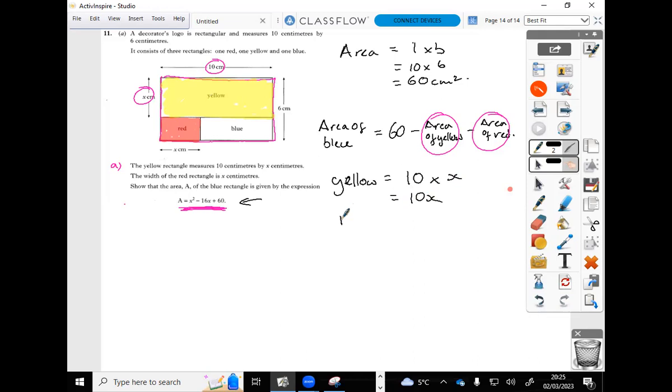The area of the red is a wee bit more complicated. To get the length of this bit here, we need to do 6 minus x.